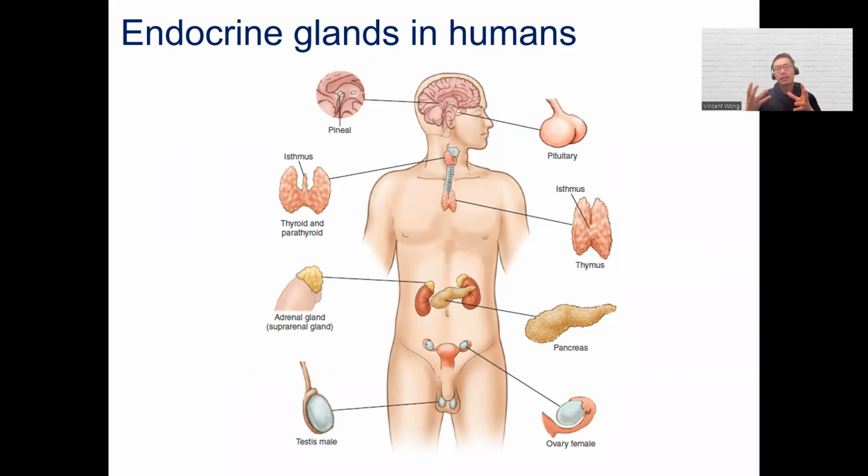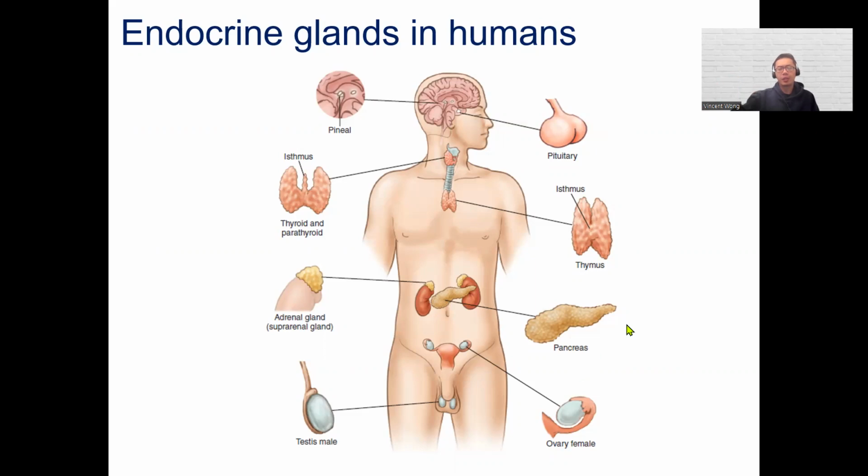Whereas an endocrine gland secretes directly into the bloodstream. There's no duct involved. Often the hormone that is being secreted will travel throughout the body through the bloodstream, and then it will affect its target, sometimes a single target, sometimes multiple targets, and these are the major glands.